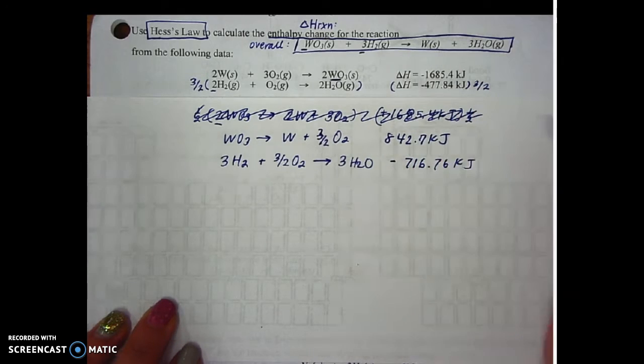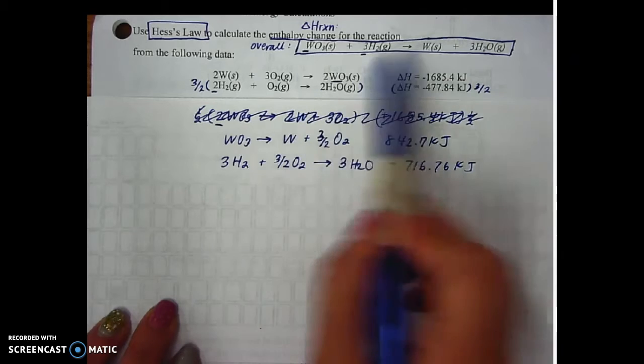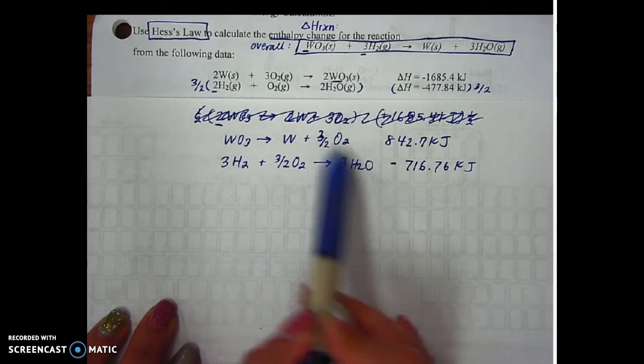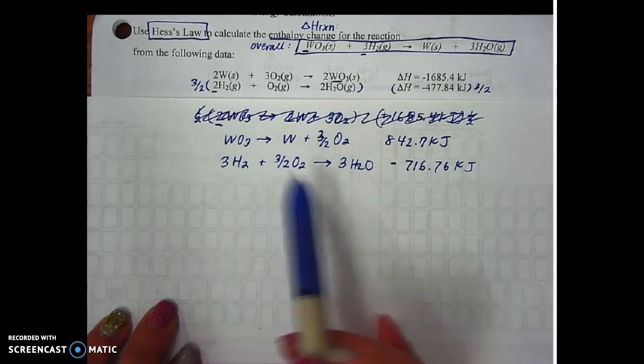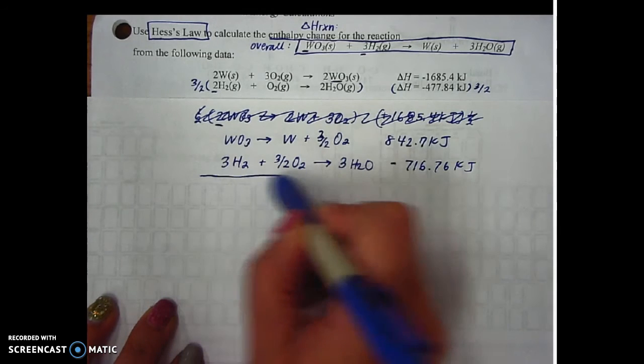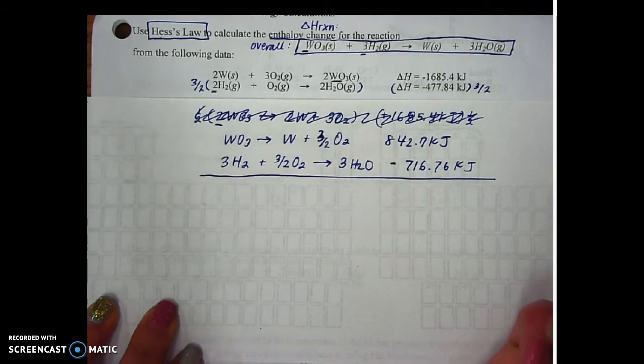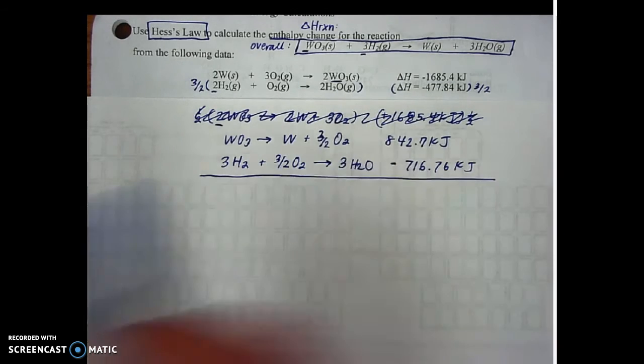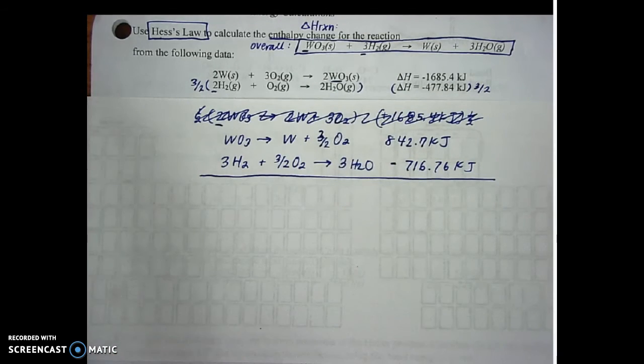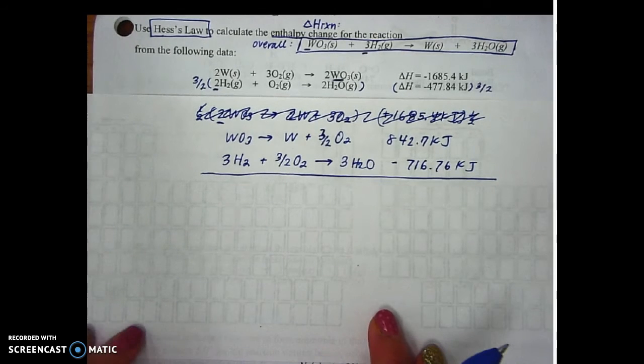716.76 kilojoules. Okay, so looking at my overall equation, it looks like we have the right coefficients, we have everything where it needs to be. So our final step is we're just going to add it up and make sure that we do indeed end up with the overall equation here. So first thing I want to do is take a look to see if anything is going to cancel out.